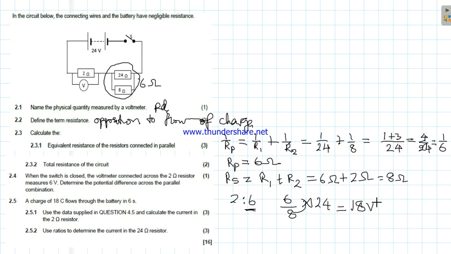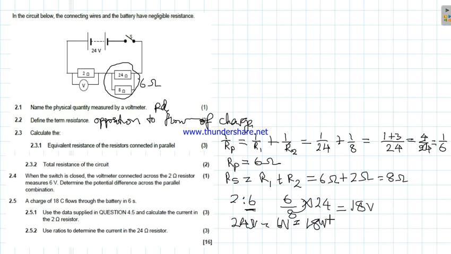We have used a longer way, but a shorter way was just going to say, since the 2 ohm resistor is connected in series to the parallel resistors, we are just going to say 24 volts minus the 6 volts, and we will still get the same answer, which is equal to 18 volts.